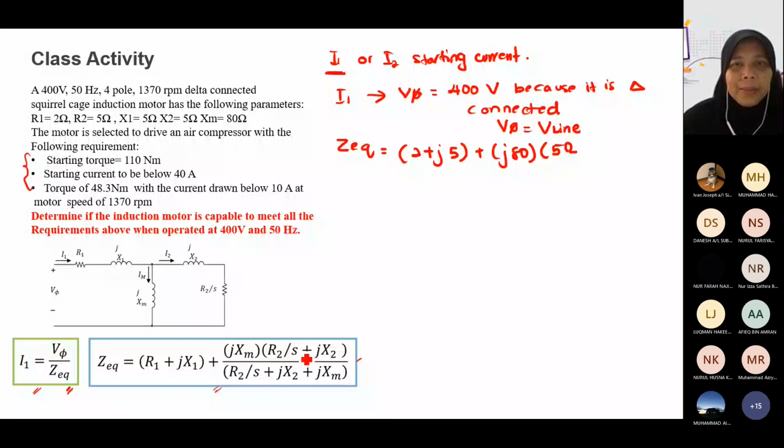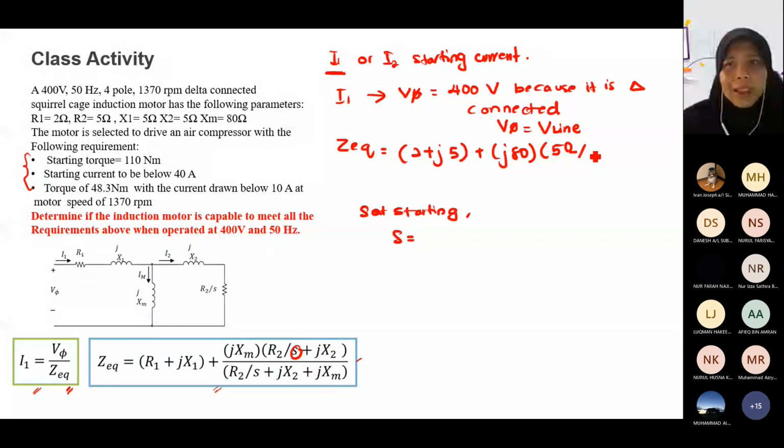Which slip do we use? Slip at starting. We already calculated it the other day, right? Which slip do you want to use? What's the value of slip at starting? 1. Anybody? It's 1. We calculated it last week.